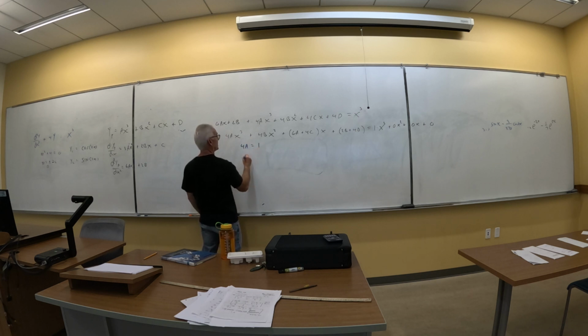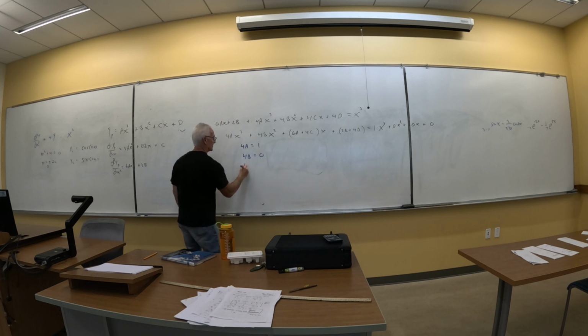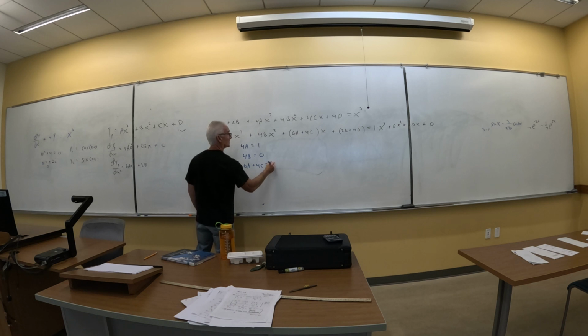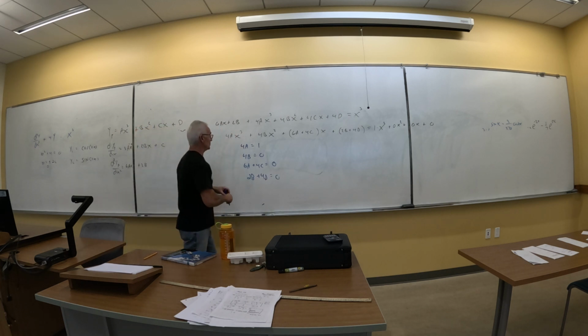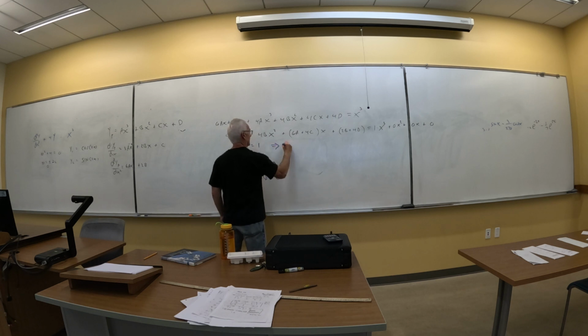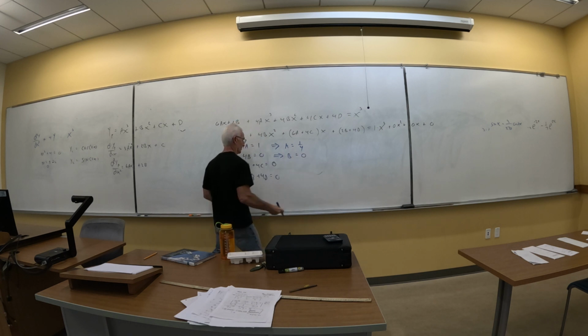I've got 4b equals 0, I've got 6a plus 4c equals 0, and I have 2b plus 4d equals 0. All right, well the first two are freebies, aren't they? So the first one says that a is 1/4. The second one says that b is 0.